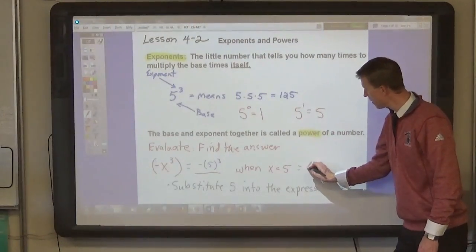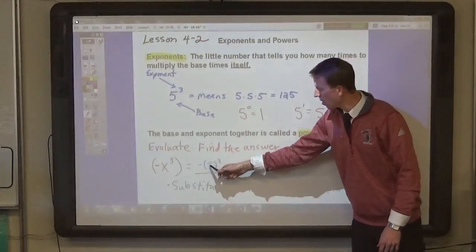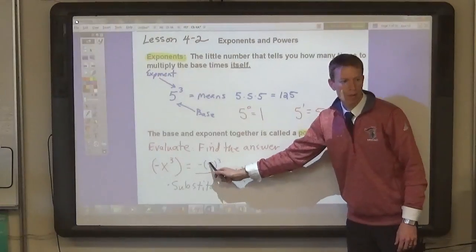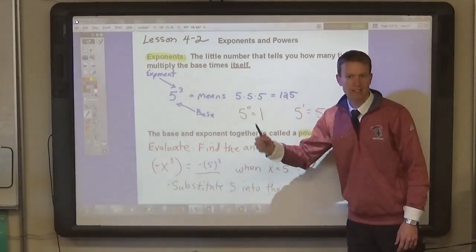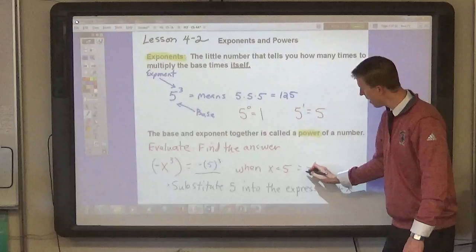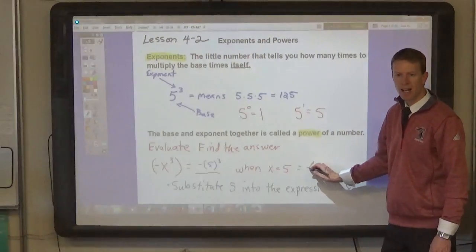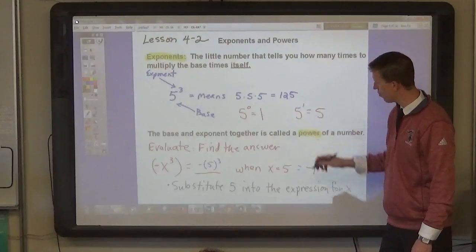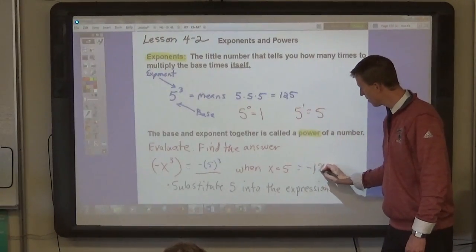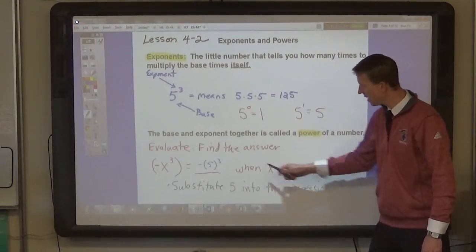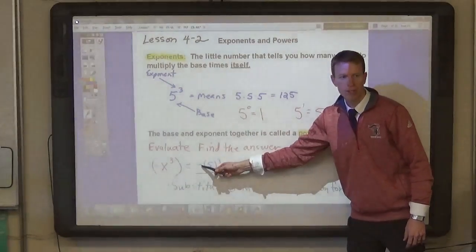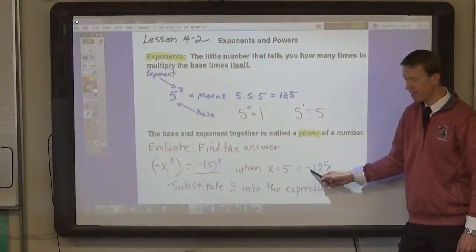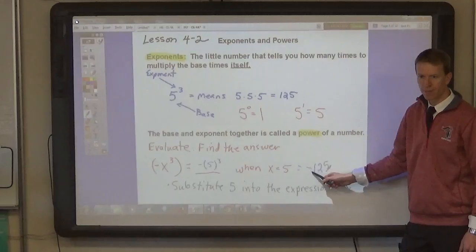We have to cube the number first, multiply it by itself 3 times, and then give it the negative sign. So 5 times 5 times 5 is 125. And since it has a negative sign outside the parentheses, we make it negative.